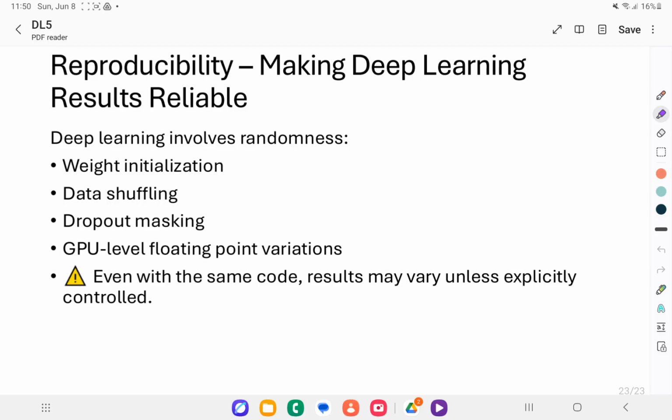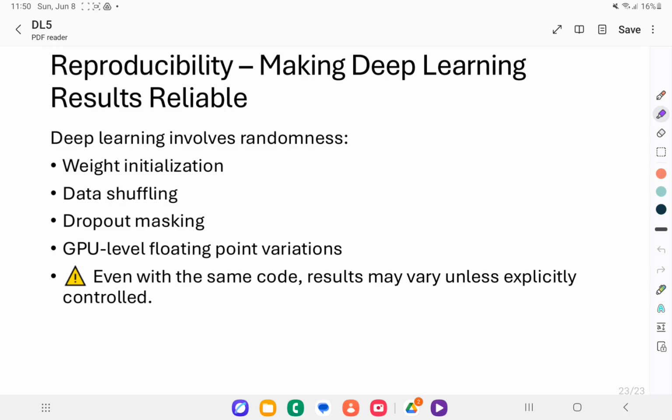So at the end, think of the reproducibility problem. It's critical, especially in hyperparameter tuning, because deep learning relies on randomness in many places. Think of the weight initialization, the data shuffling, the dropout. Two identical training runs can still produce very different results unless randomness is controlled.